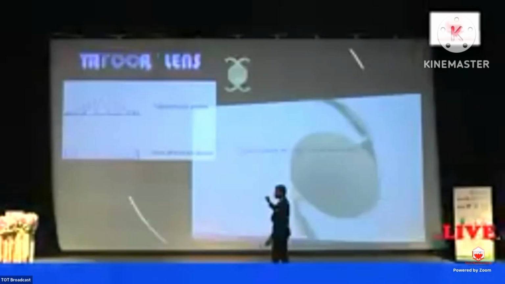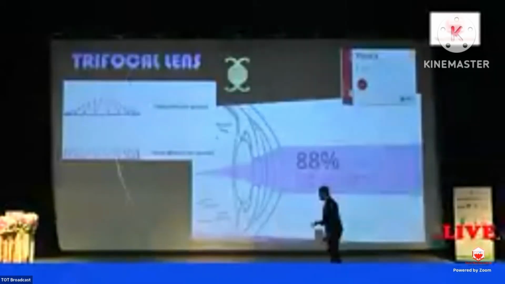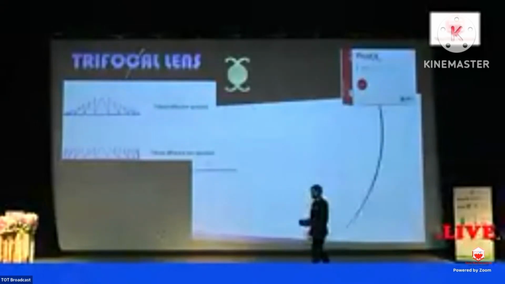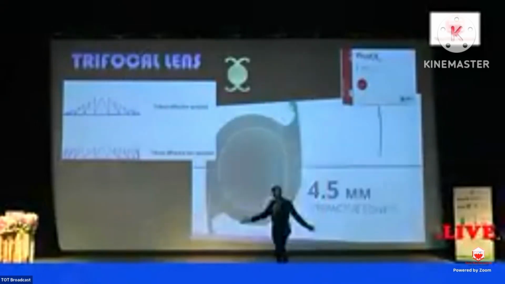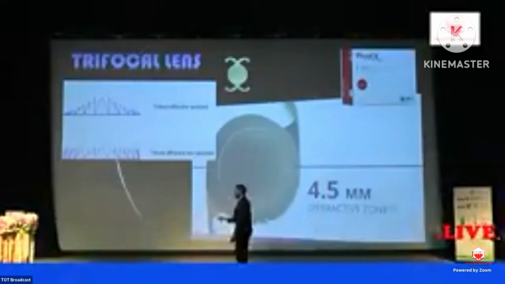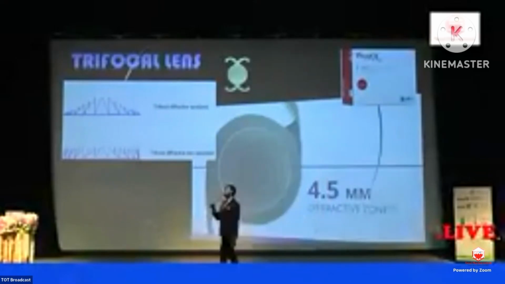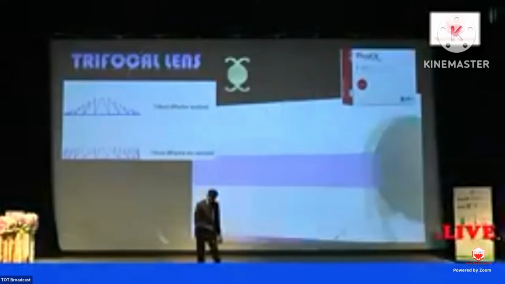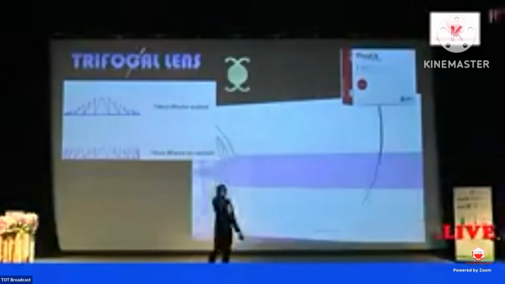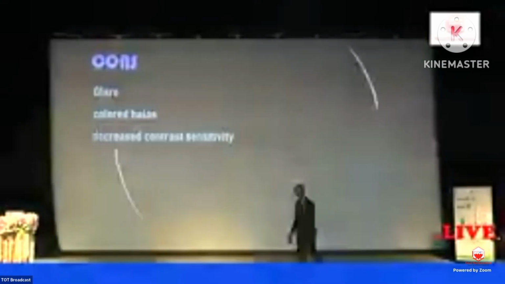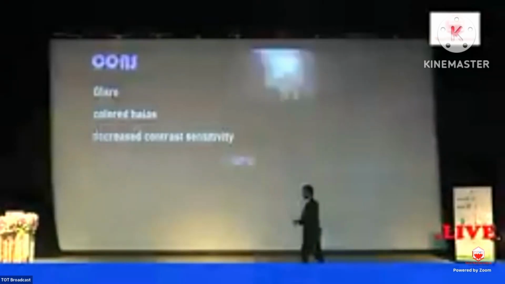So the trifocal lenses focus with 2 diffractive powers, so that they also concentrate on the intermediate range. So with all these several adaptations made in these lenses, we have a better vision at near, intermediate, and distance. But these lenses also have some cons, like glare.